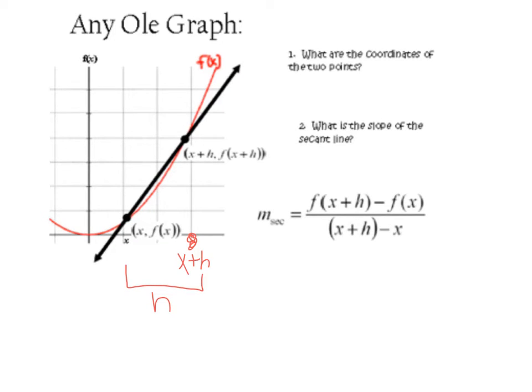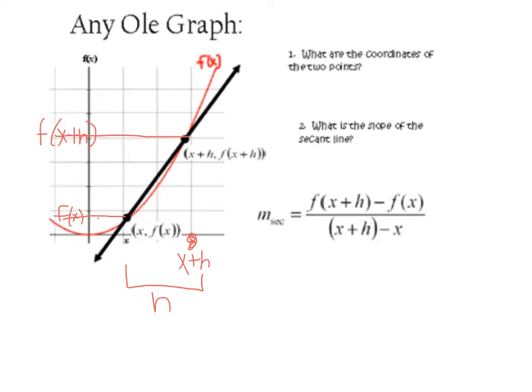Okay, and we know right here, this is f of x, the y coordinate. Well, if we add this amount up here, this one would be f of x plus h, right?